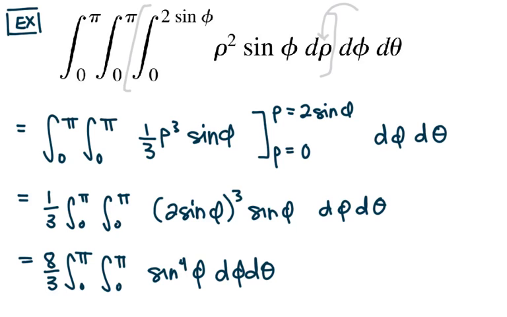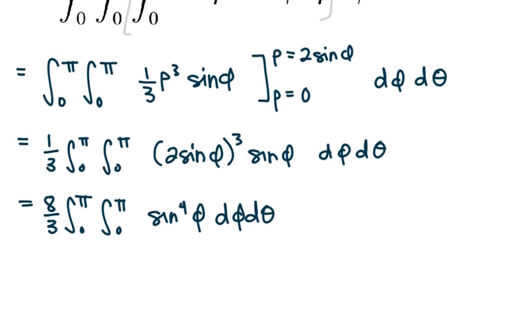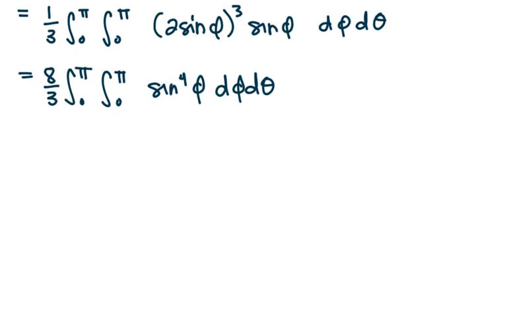Now integrating sine to the 4th phi, we can use half angle or double angle reduction formulas to help us with that, but it gets kind of messy since the 4th isn't an odd power, it's an even power. So I'm going to use an integral reduction formula from our table of integrals.